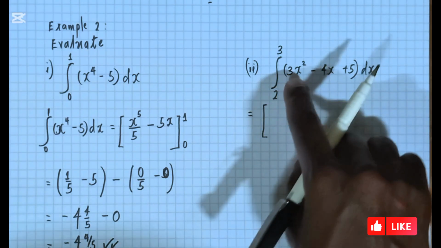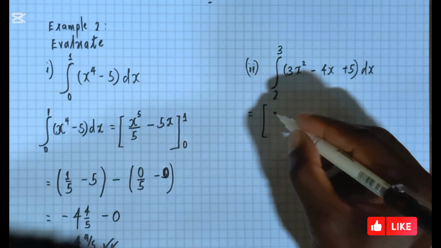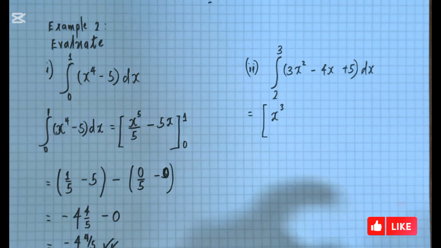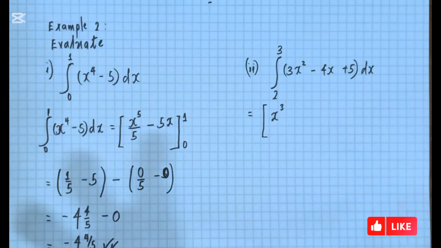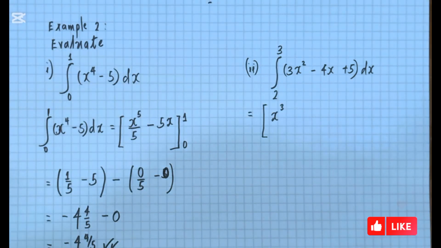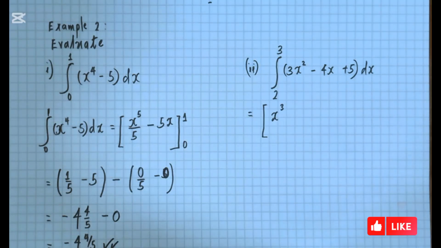And so 3x cubed divided by 3, I'm going to submit to you, is basically going to be x cubed. For this particular problem, I want you to confirm, because I don't want to waste time showing how we are doing all that, since I believe you should already know. So that's going to be that for 3x squared.